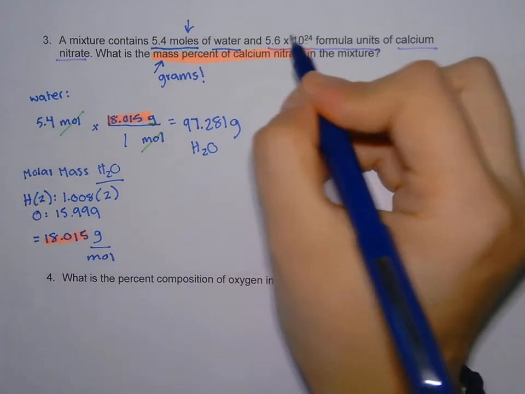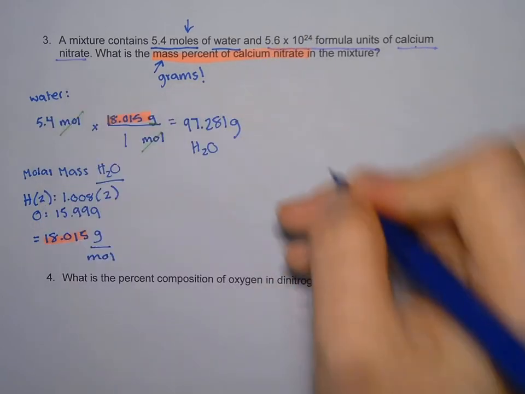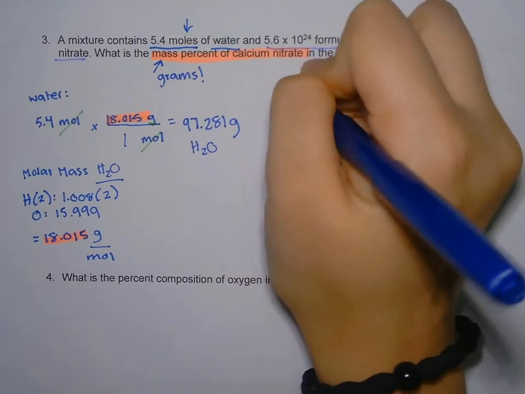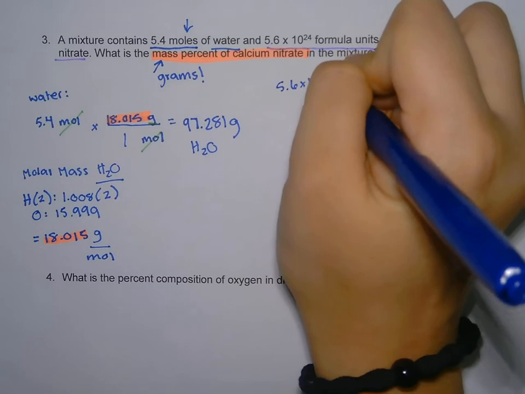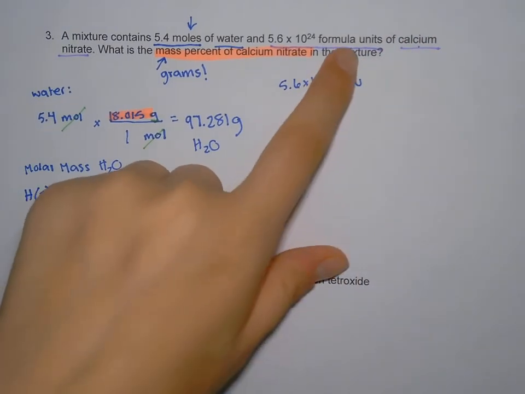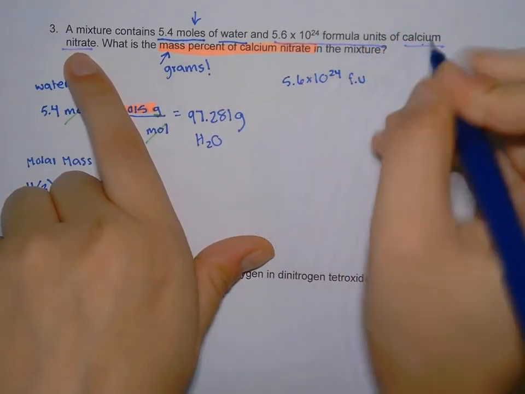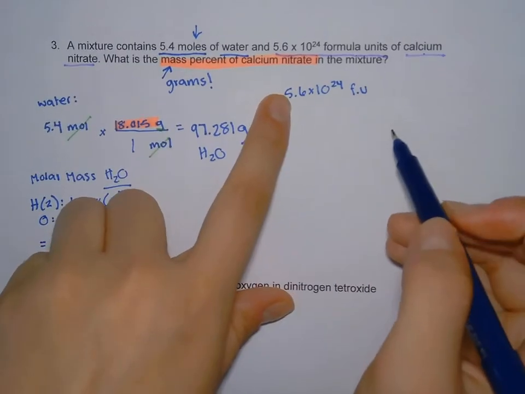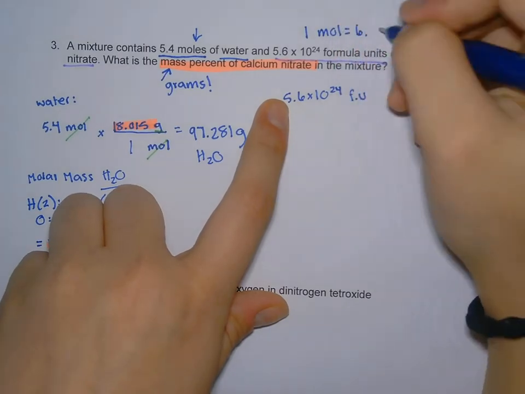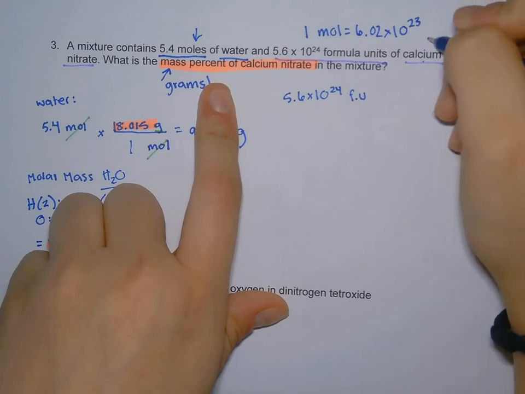Now I have to find the mass of calcium nitrate. So they tell me that I have 5.6 times 10 to the 24 formula units of calcium nitrate. Any time that they give me any atom or molecule number, I am always going to remember my conversion that 1 mole is equal to 6.02 times 10 to the 23rd atoms, molecules.